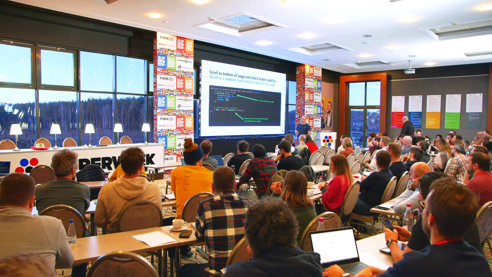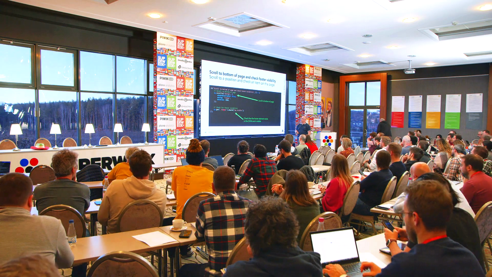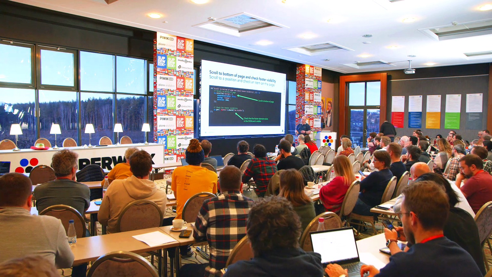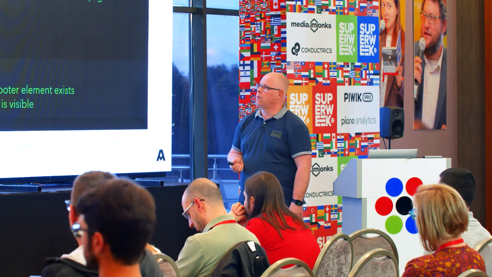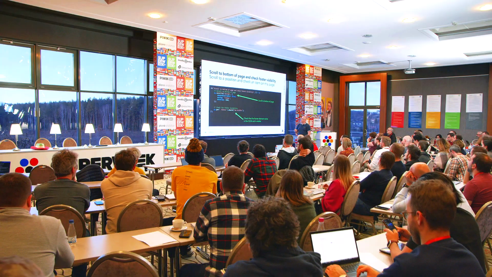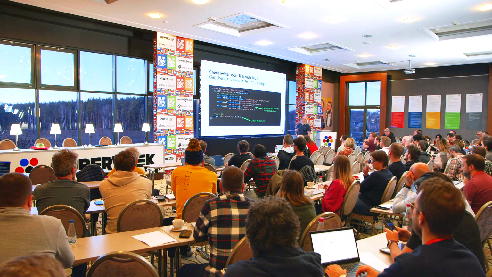This is a CSS selector I can put in here. I know this is the CSS selector to get my footer, and then that should be visible. So the test part would be the end one down here. That's the smallest one I have, though.